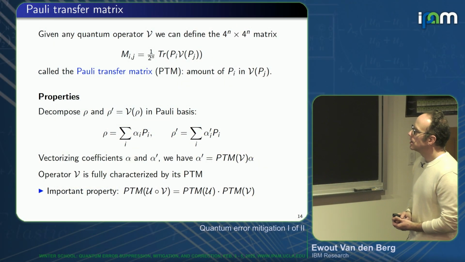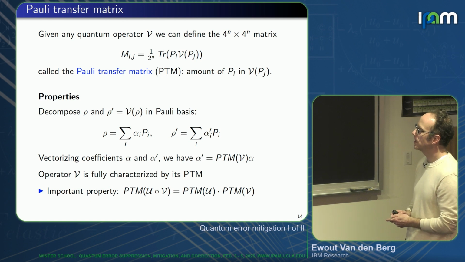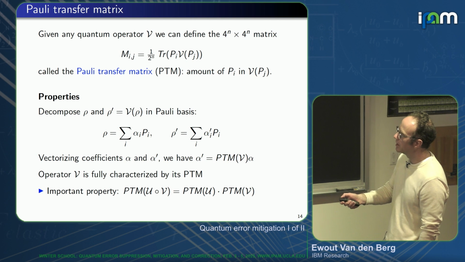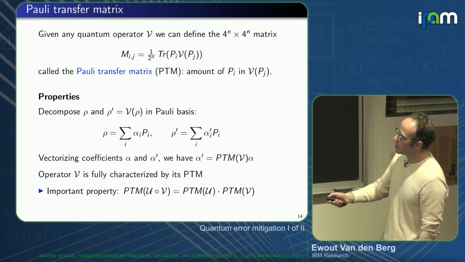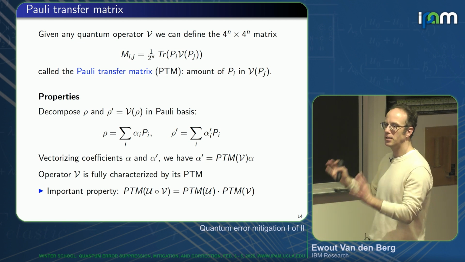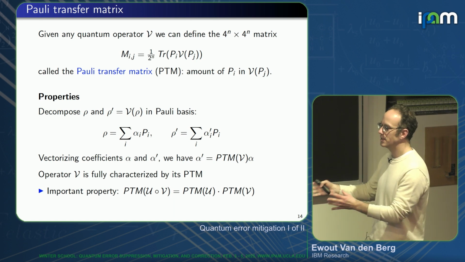Okay. So given any quantum operator, we can define a 4 to the n by 4 to the n matrix M, where the columns correspond to some input Pauli. So I input some Pauli Pj, I apply the operator, and then I measure how much of Pauli Pi is in the result.